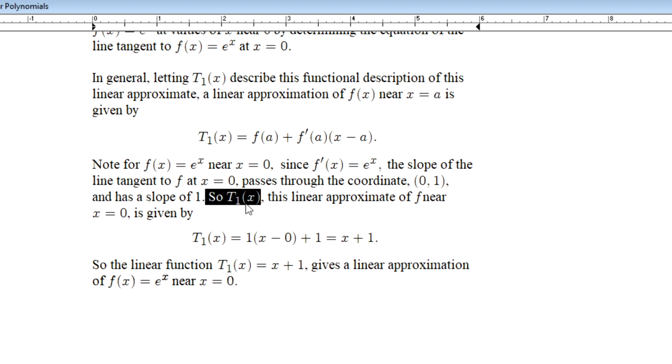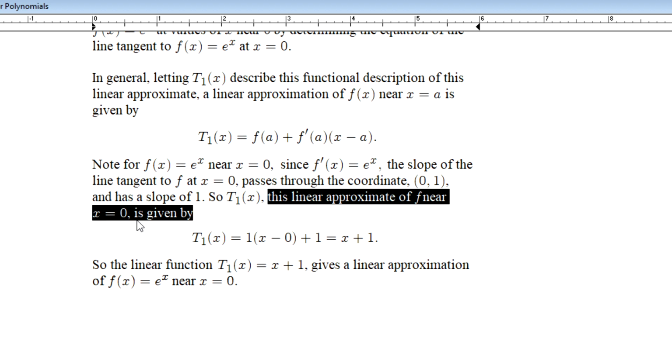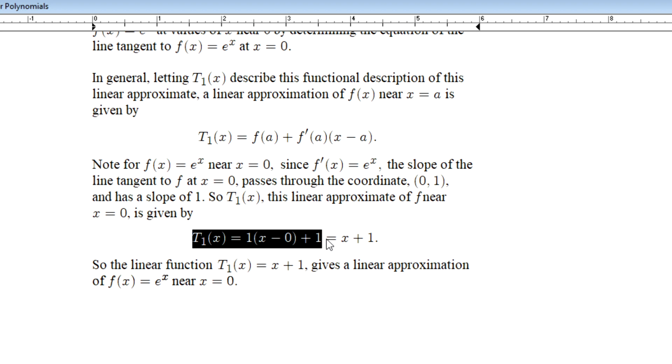So t sub 1 of x, the linear approximation of f near x equal to 0, is given by this calculation right here.